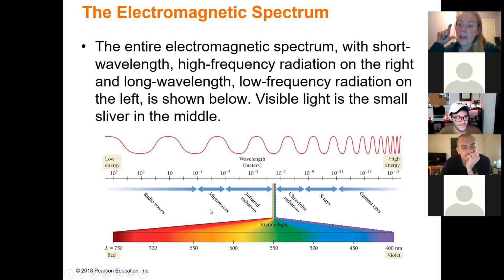The wavelength of a microwave is just long enough that when it passes through a material, if it hits a water molecule, it'll spin the water molecule. And when you spin all the water molecules in something, you create friction, which creates heat. So how you're heating your food in the microwave is you're passing these electromagnetic radiation waves through it, pinging all the water molecules, making them all spin, and heating your food up.